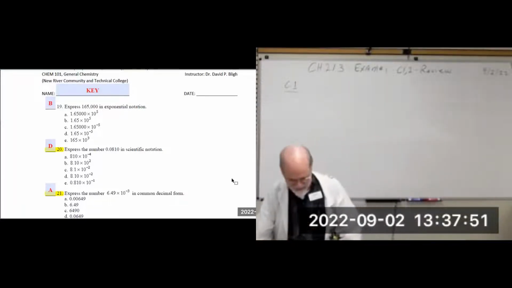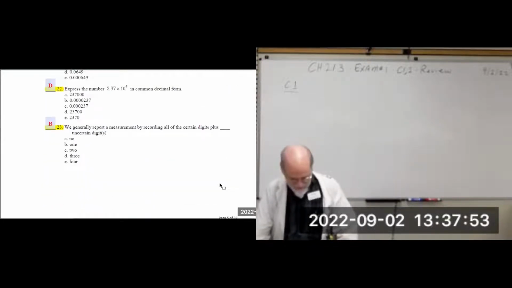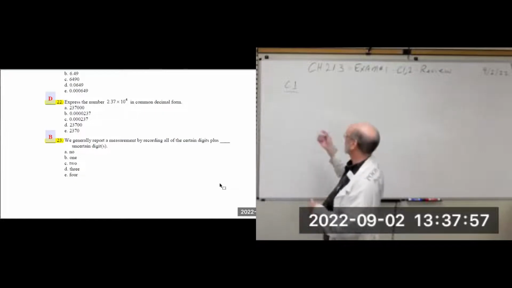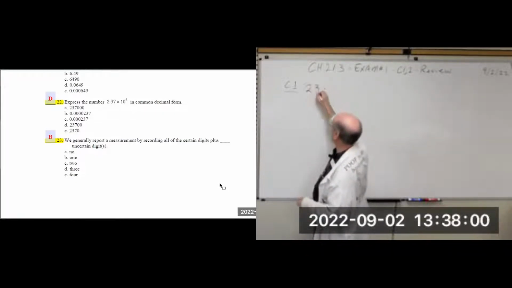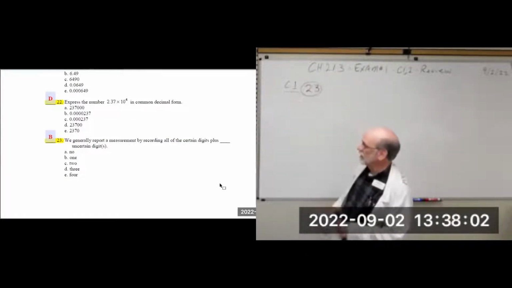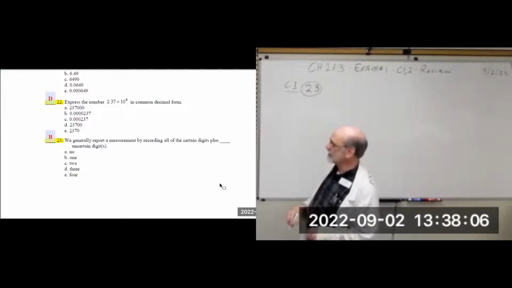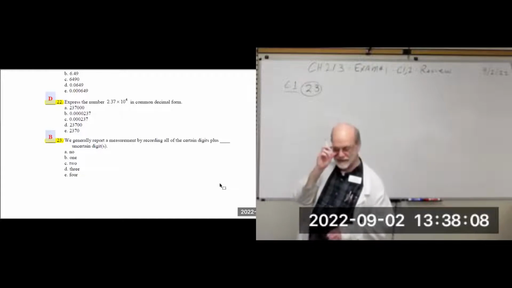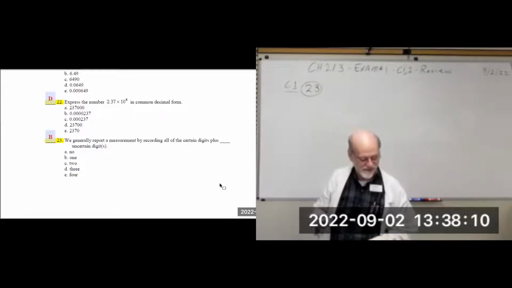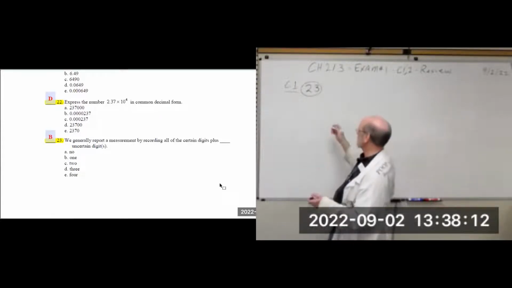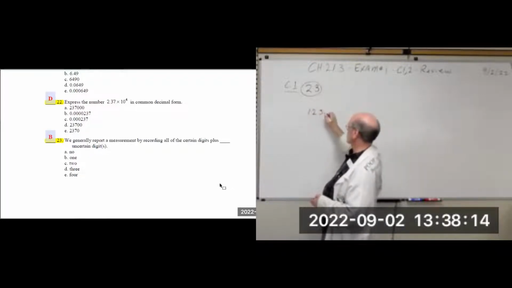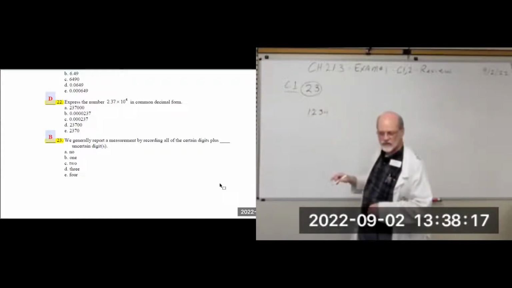All righty. Let's see. Taking too much time, I think. Oh, 23. We generally report a measurement by recording all of the certain digits plus one uncertain digit. For instance, if you had a number like this, how many of those are certain?